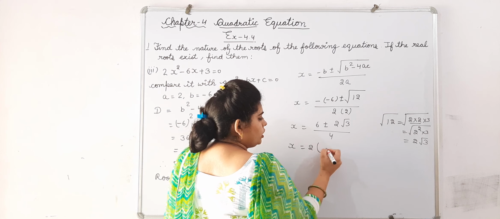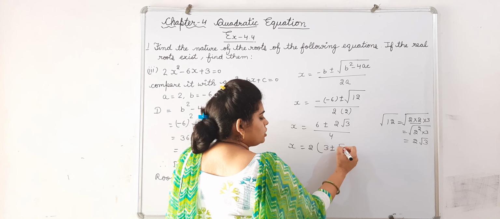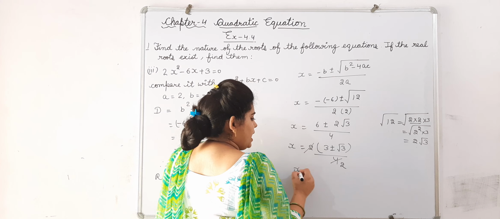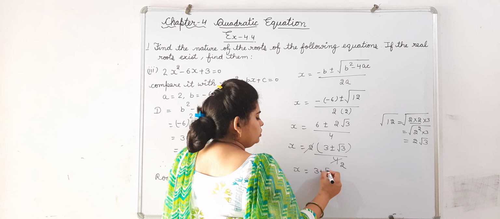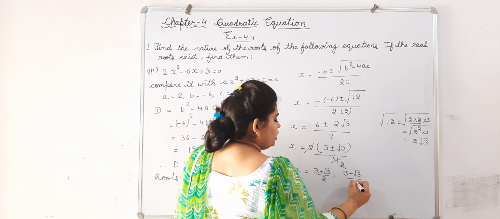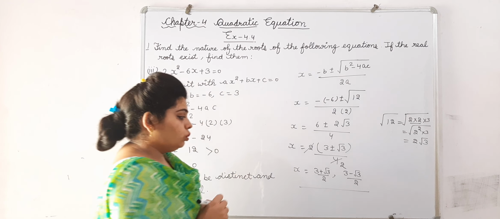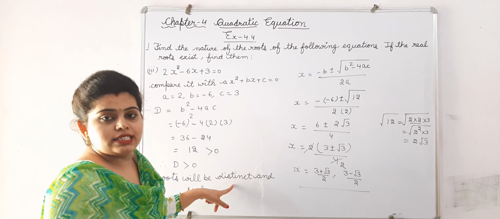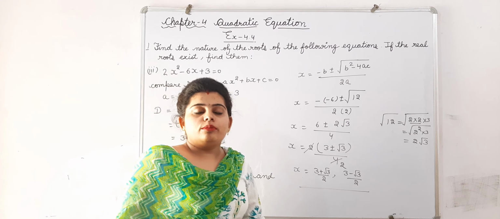Taking 2 common, what will be left? 3 plus minus root 3 divided by 2. So x is equal to 3 plus root 3 by 2 and 3 minus root 3 by 2. These are the two roots of this equation which are real and distinct. This is our question number first.